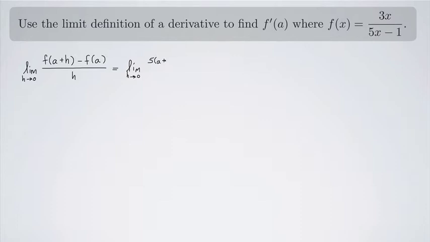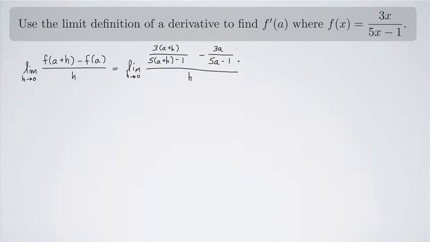So I'm going to have in the bottom here 5 times a plus h minus 1, and then on the top 3 times a plus h minus, and now I have f of a, so everywhere you see an x, replace it with an a. Looks like that. And on the bottom I have h.